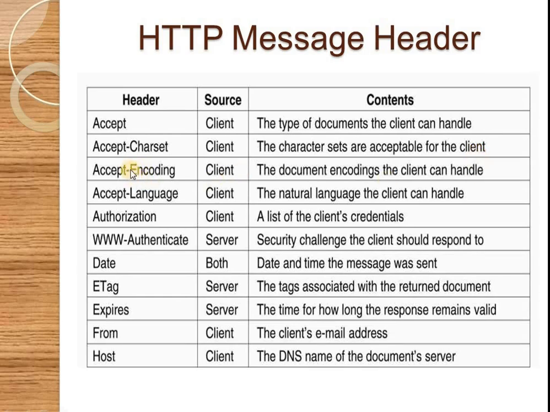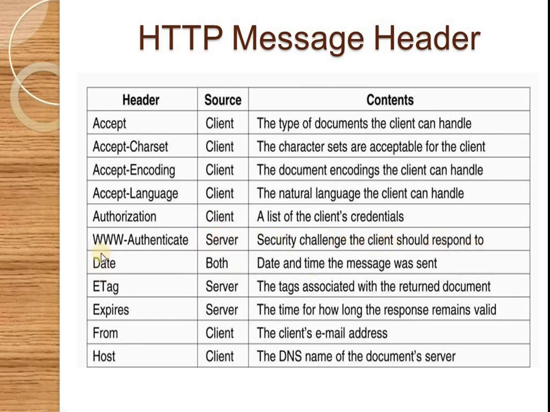Then accept encoding, the document encodings the client can handle. Accept language, the natural language the client can handle. Authorization, a list of the client's credentials. WWW-Authenticate, which the source is server. Security challenge the client should respond to.